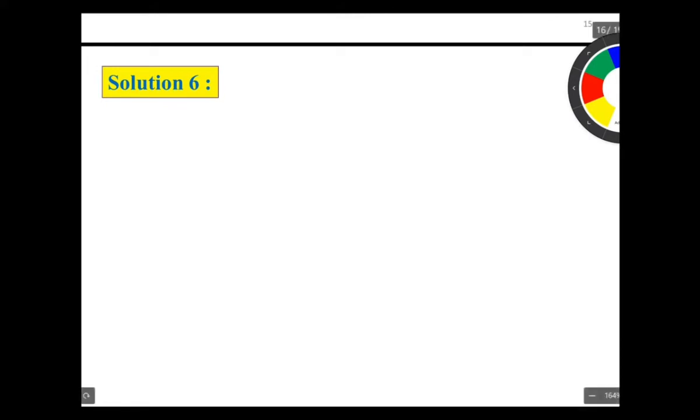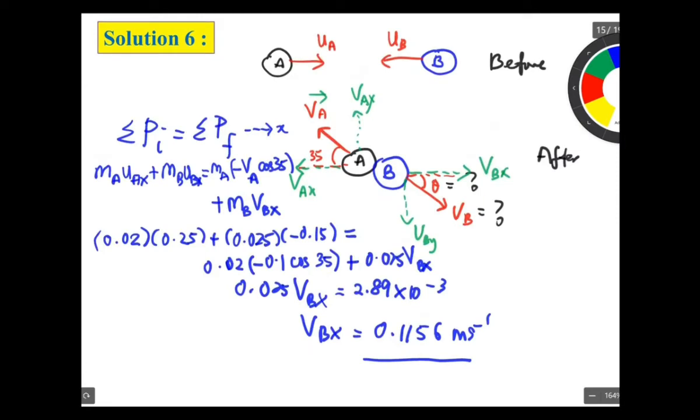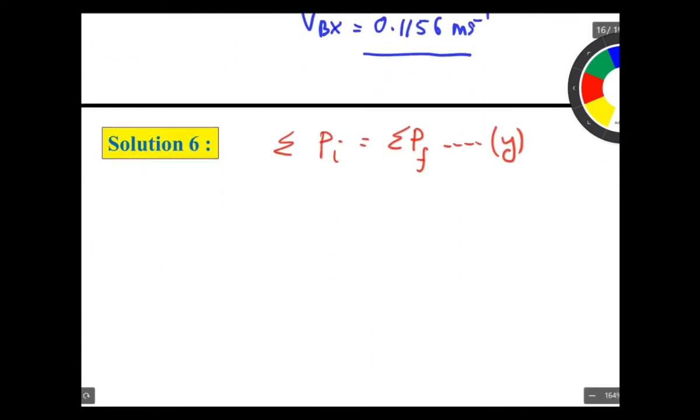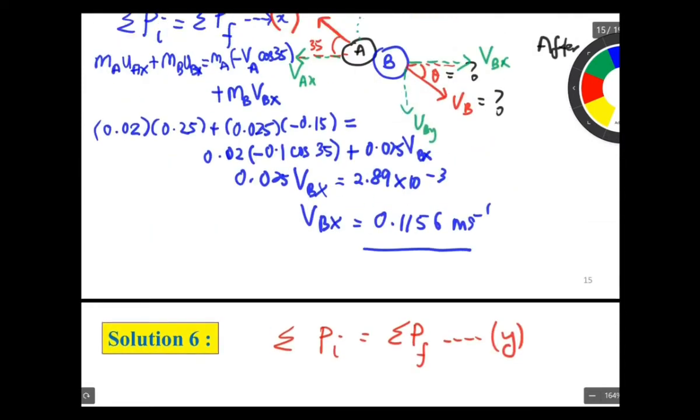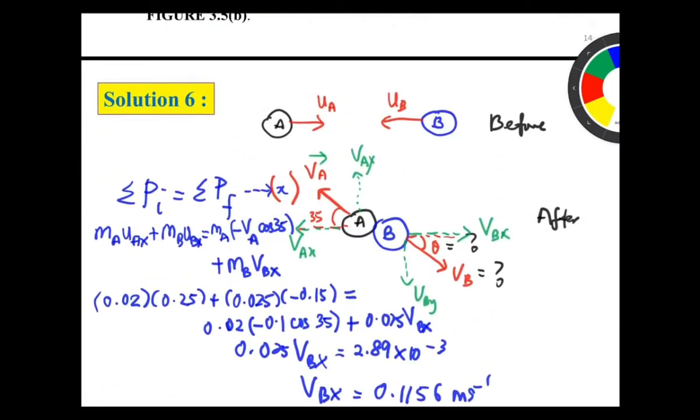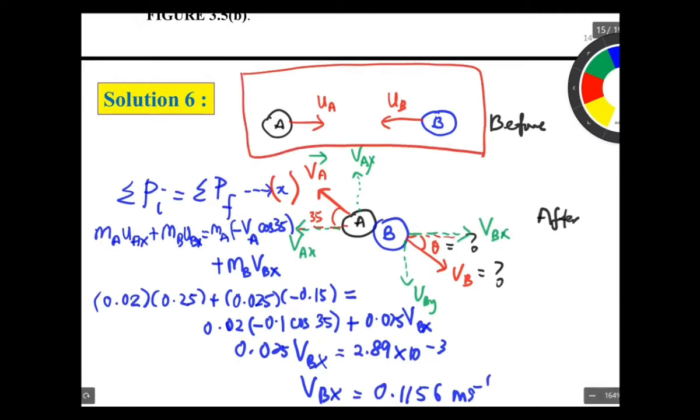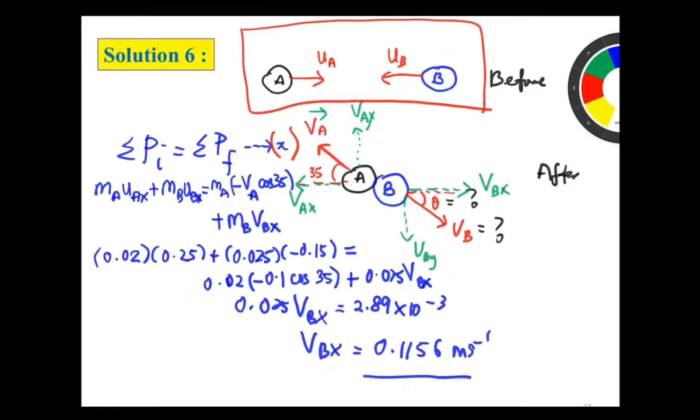Okay, guna juga summation, conservation of linear momentum. Momentum initial is equal to momentum final. Tapi untuk komponen Y pula. Y komponen. Tadi kita guna untuk X component. Okay, so before, cuba tengok before punya diagram. Before punya diagram, tak ada pergerakan pada komponen Y. Okay, tak ada.